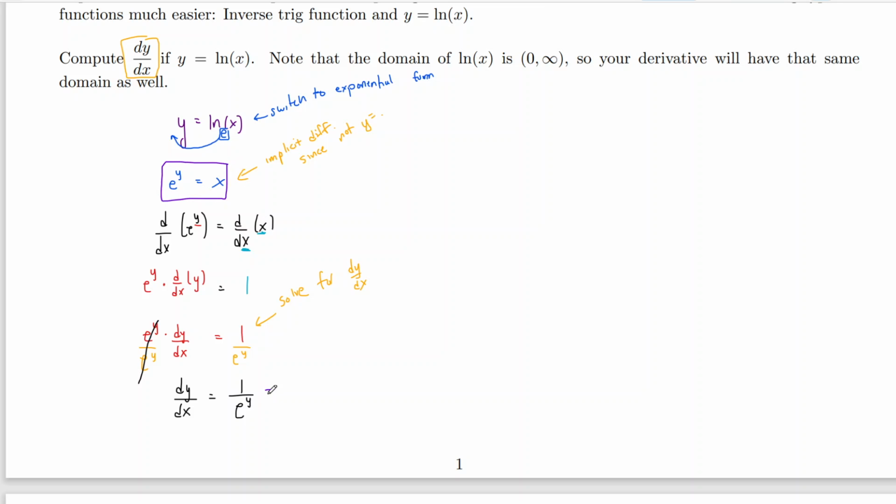If we plug that in, we get dy over dx equals 1 over x. And that's actually the rule for the natural log of x. So just to recap, we started with y equals the natural log of x, and we just discovered that its derivative is 1 over x. All right, so let me go ahead and highlight this new derivative rule.